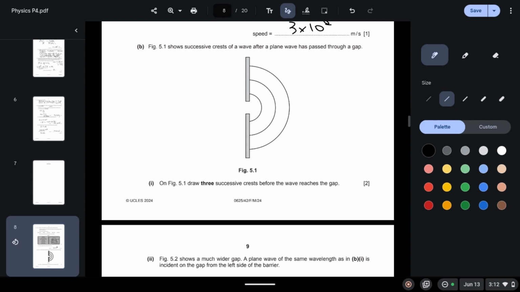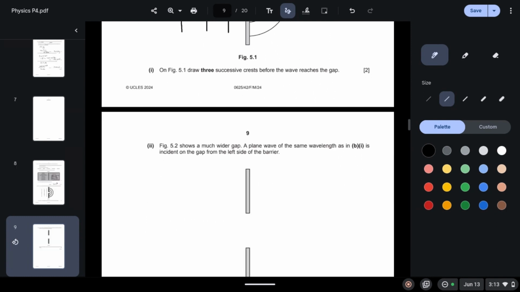So we must be careful in drawing, and the wavelength should be approximately the same. It should be something like this. They should have similar or the same gap in between.